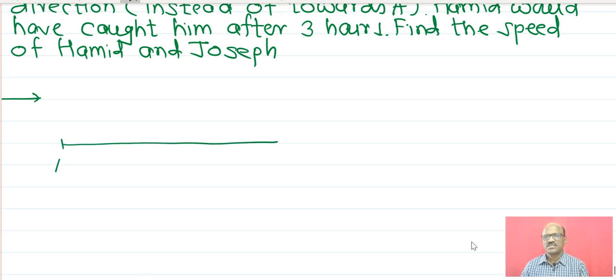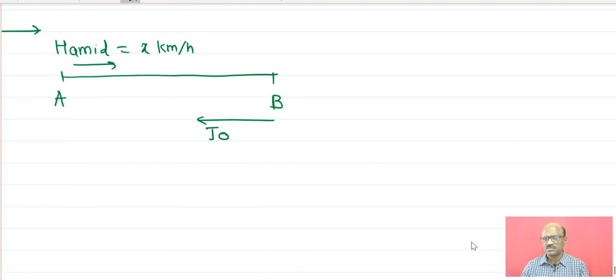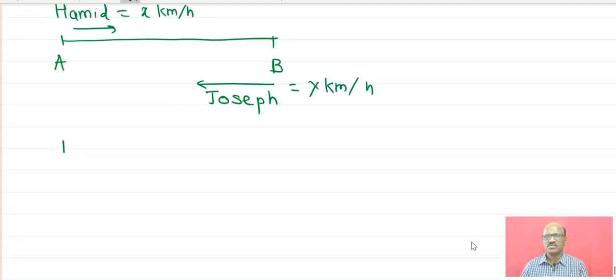Now in the first case, see this figure. At the place A, the speed of Hamid is x km/h. Hamid is traveling towards Joseph and Joseph is traveling towards Hamid. And the speed is y km/h.